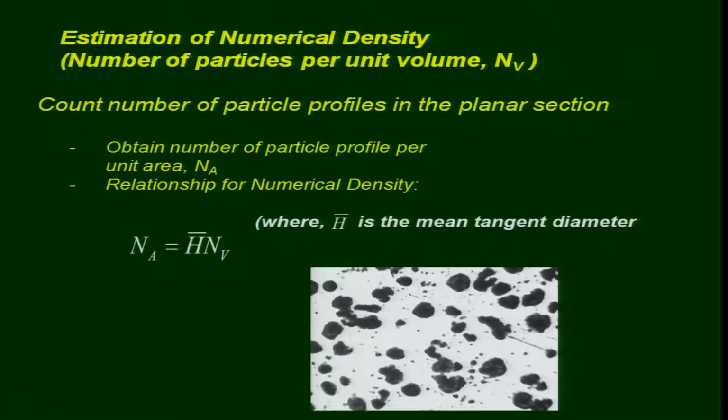This is the last of the fundamental measures that I am going to talk about, which is the estimation of numerical density, number of particles per unit volume N sub V. So, this is a microstructure of nodular cast iron, and I want to count the number of nodules per unit volume.